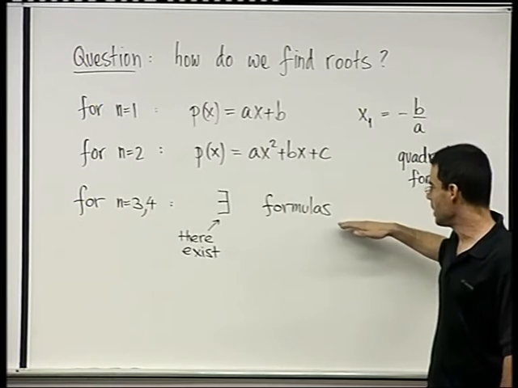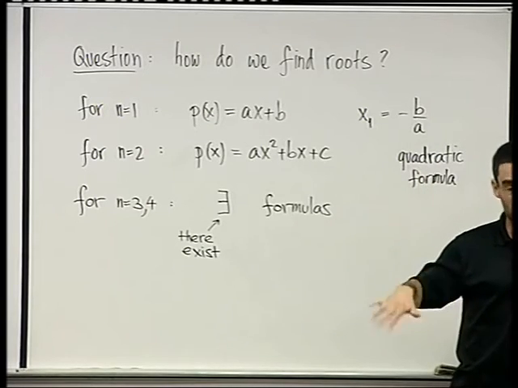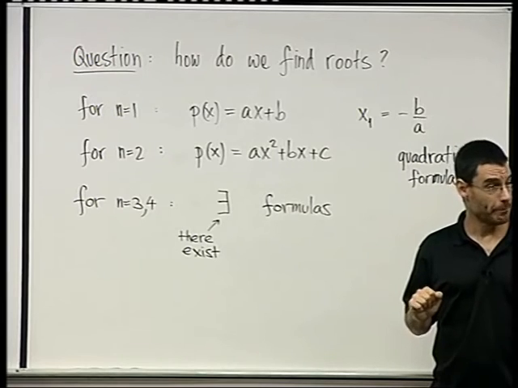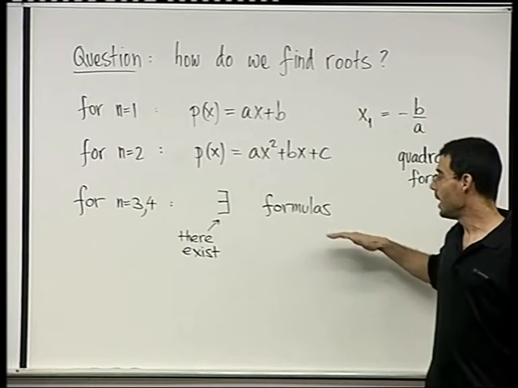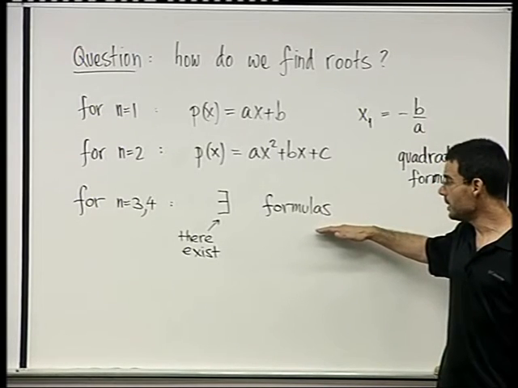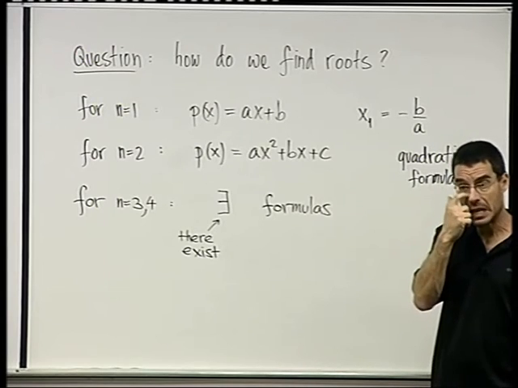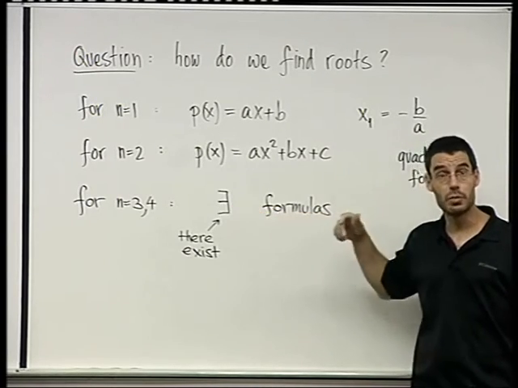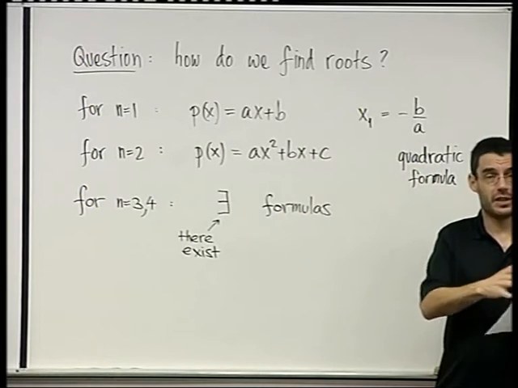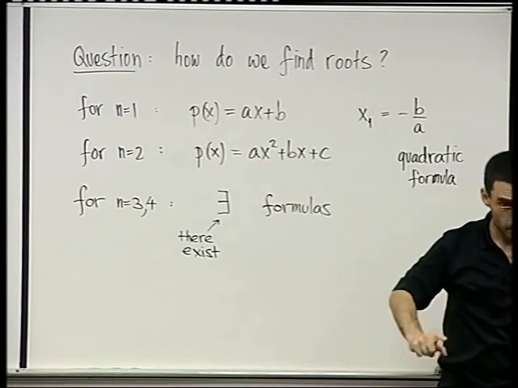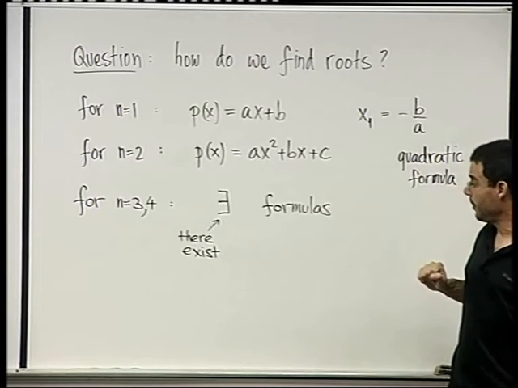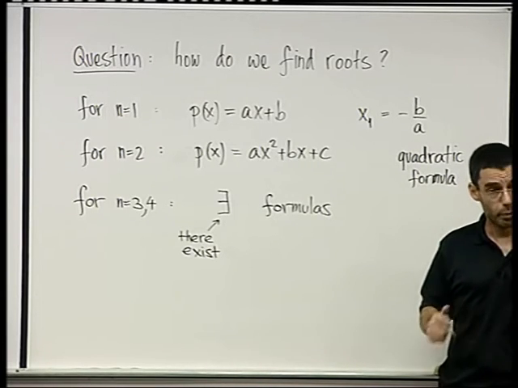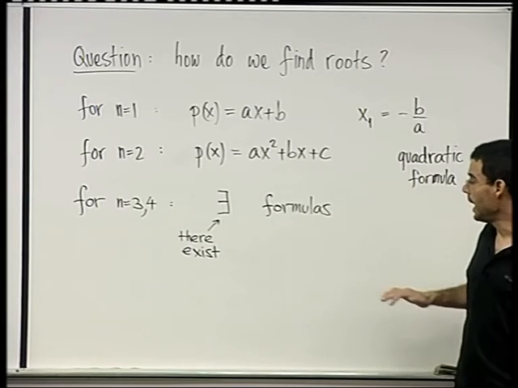There's an interesting story, a kind of soap opera, that goes along with that. You can read it on Wikipedia if you want. But the point is that there is a formula. A student of Cardano discovered the formula for polynomials of degree 4. That's even messier. And in fact, they were both published in the same book written by Cardano.